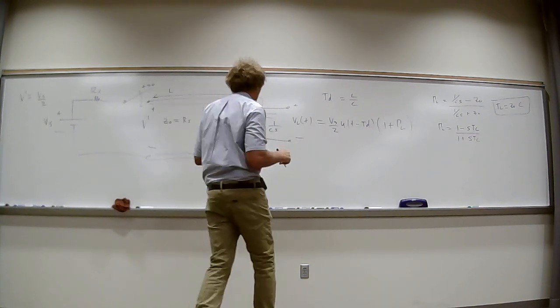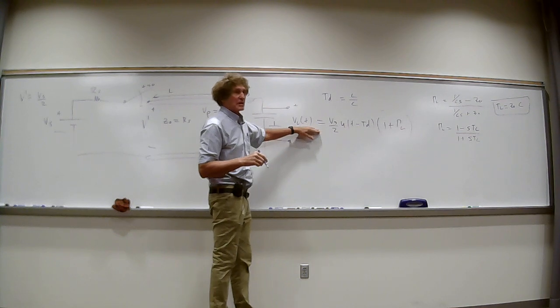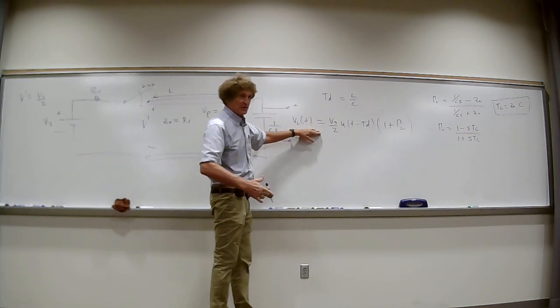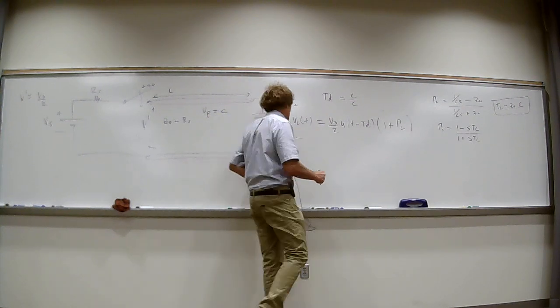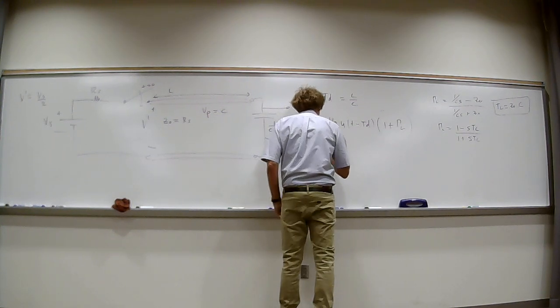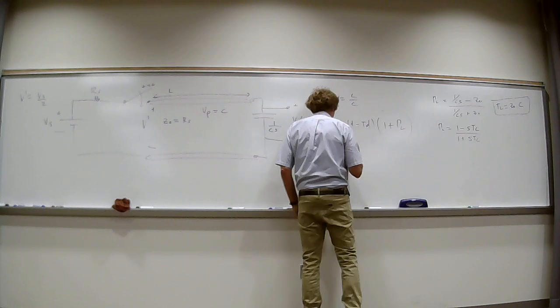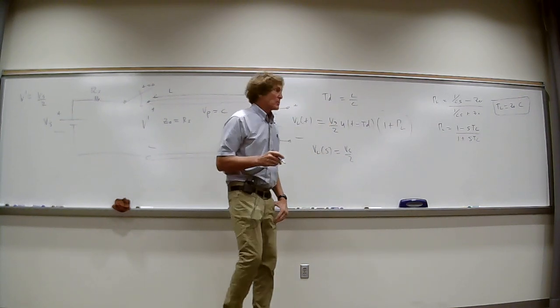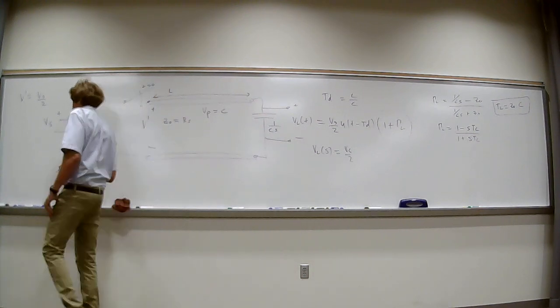Now, come over here. We're going to go to the frequency domain right here. We're going to take a Laplace transform there. All with me? So now we have VL of S. The Vs over 2 stays the same. And now, if you don't remember the Laplace transform, sometimes I have to go through this.